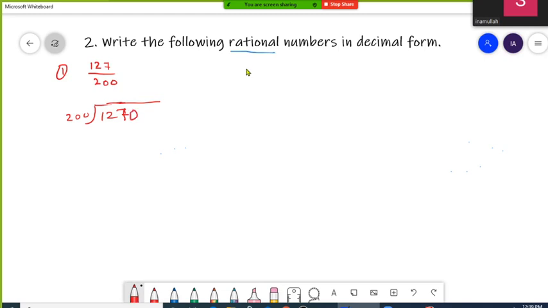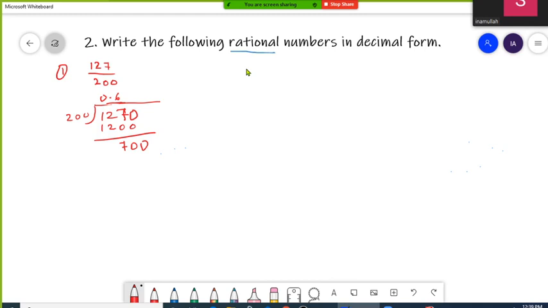This is my 127. I'll take 1270. It will become 0.200. In 1270, less than 1270 can be 6 times, which will give me 1200. So 70 will be left. Here we can add one more 0, and it will become 700.